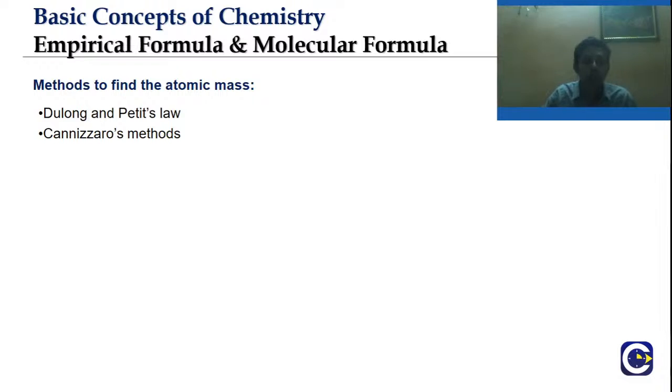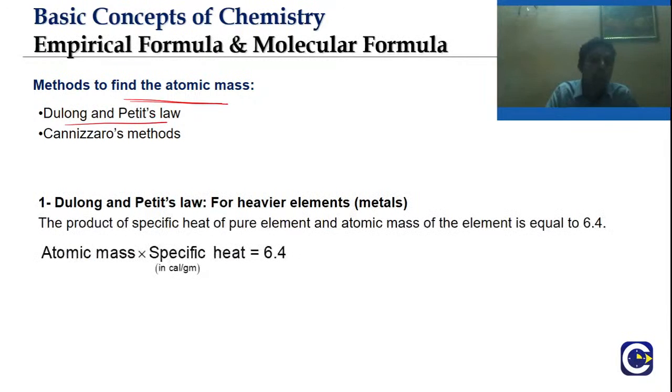So there are 2 ways to find atomic mass. Till now, I gave you information regarding atomic mass, molecular mass, and then we looked at molecule and compound. Briefly, we looked into atomic mass, atomic mass unit and then gram atomic mass. Now we are looking at methods to find atomic mass. One is Dulong-Petit's law, which is based on specific heat. Atomic mass into specific heat will always be equal to 6.4.